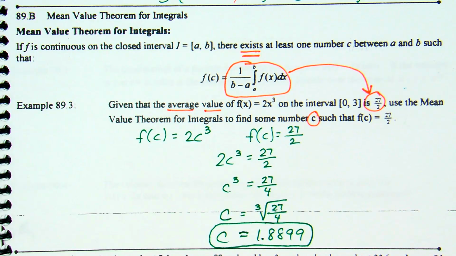So is that like the x value where the y would be 27 over 2? Yep, that is the value. And notice, it's on the interval from 0 to 3, right?